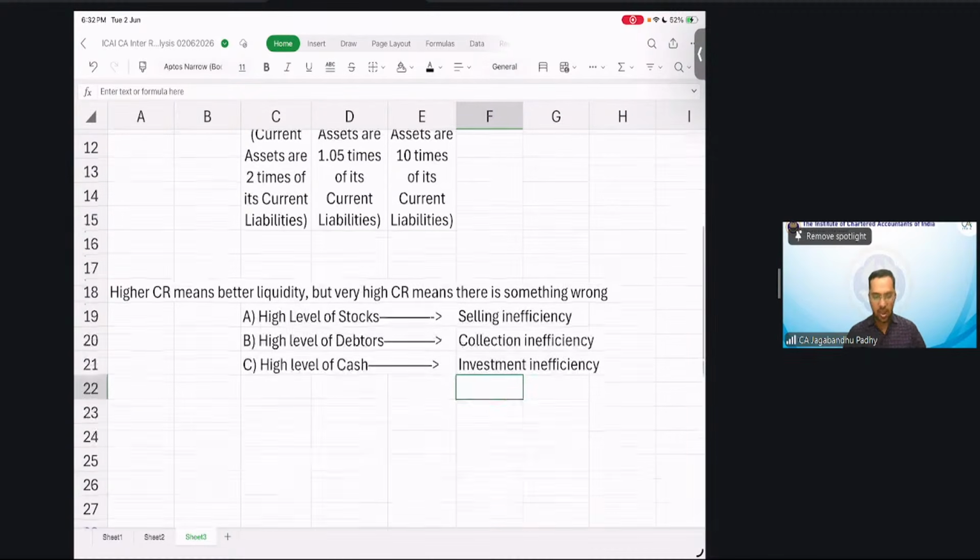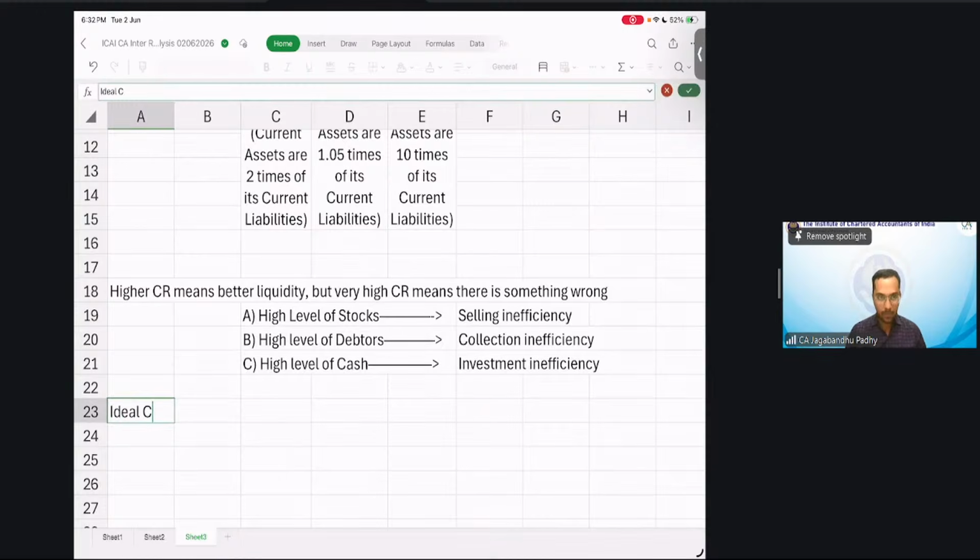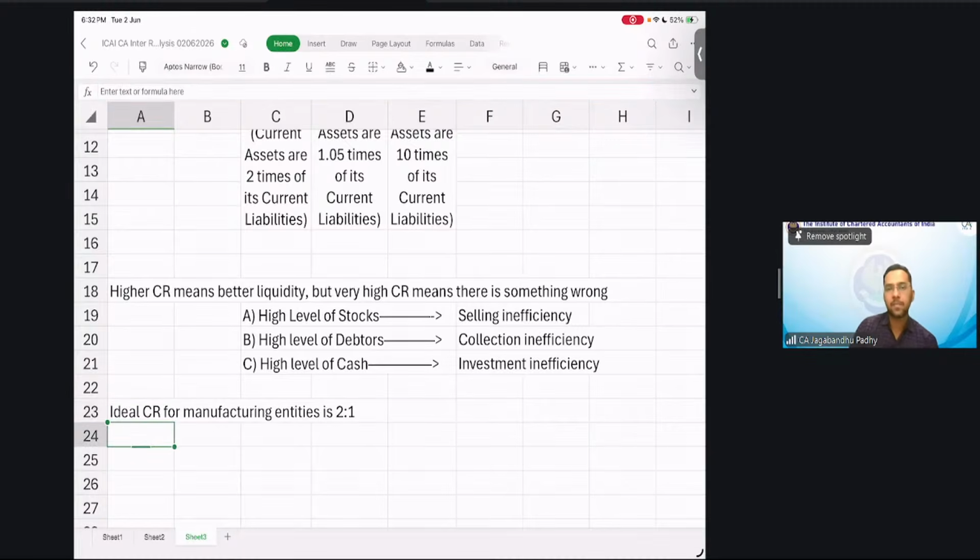The ideal current ratio for manufacturing entities is 2:1. Because if you have a current ratio of 2:1, you can say you're safe in the trade-off between the liquidity and the inefficiencies.